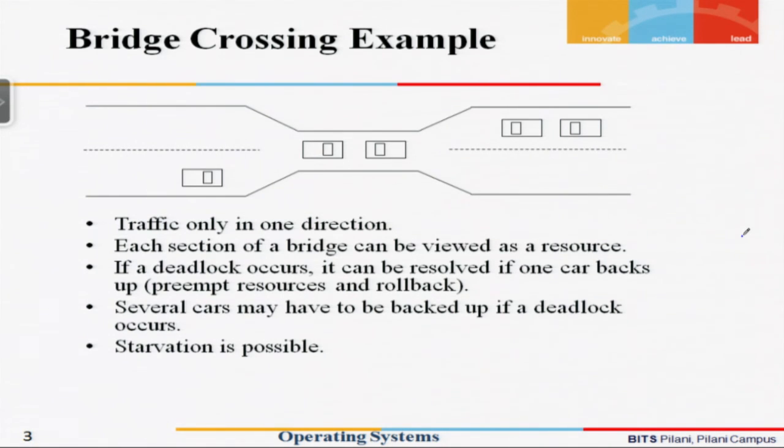For example, if you look at a printer, and suppose a process has printed half a page, and then another request from another process comes that requires the printer, and now assume that the first printing process which had printed half a page is preempted.